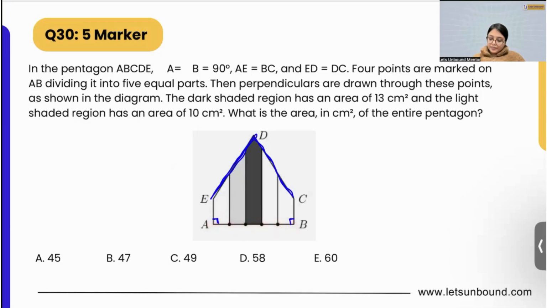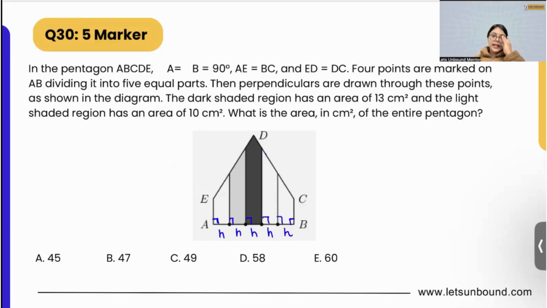So let me take some alphabet. I can take H. So they're all the same. Then perpendiculars are drawn through these points as shown. So all are perpendiculars. That means all are 90 degrees.